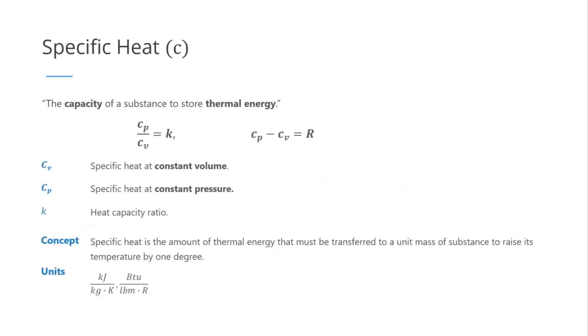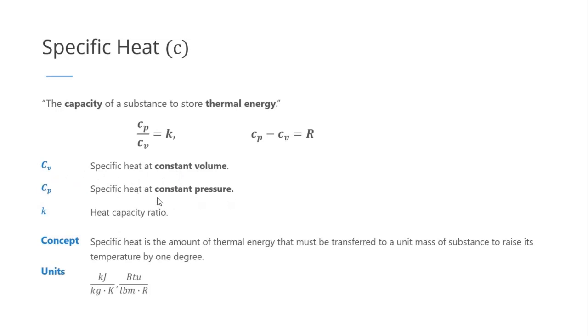In addition, we also have properties involving thermal energy. For a specific heat, it is the capacity of a substance to store thermal energy. It can be denoted by Cp or Cv. At constant volume, we use Cv.